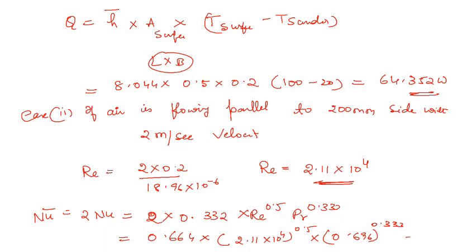The Nusselt number we get is 85.48. Once the Nusselt number is known, we are supposed to find the convective heat transfer coefficient and heat transfer.